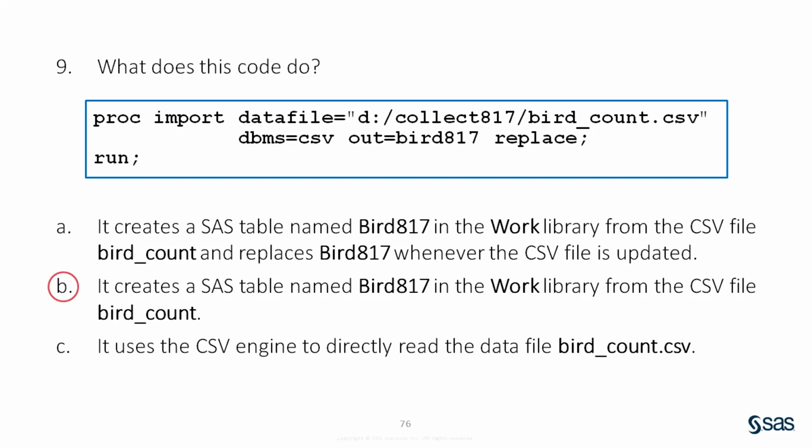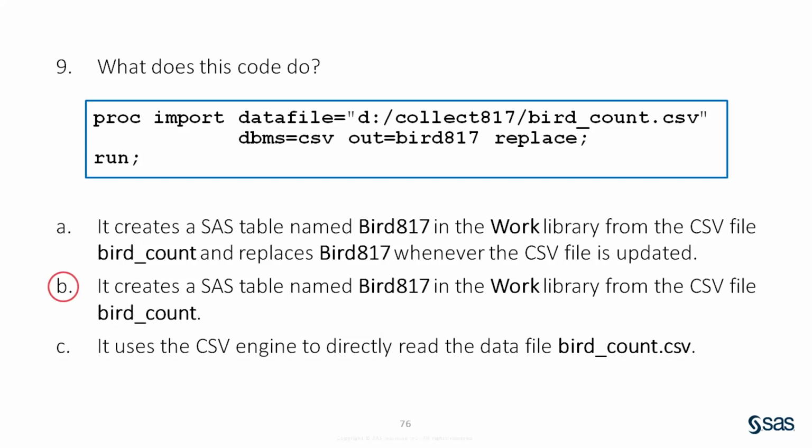What does this code do? If we run this code, replace is just an option which they have provided. But ideally, what is it doing? It's creating a data file called BIRD817 by reading birdcount.csv. So just don't think about what will happen when it runs; think about what it will do.